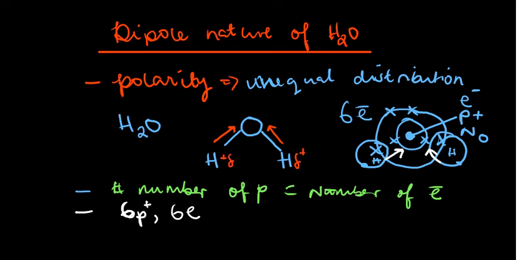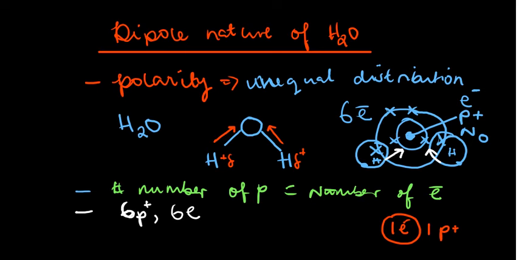For hydrogen, we know that it has 1 electron and 1 proton. If this 1 electron is pulled towards the oxygen, 1 proton is going to remain, which makes it have a net slightly positive charge.